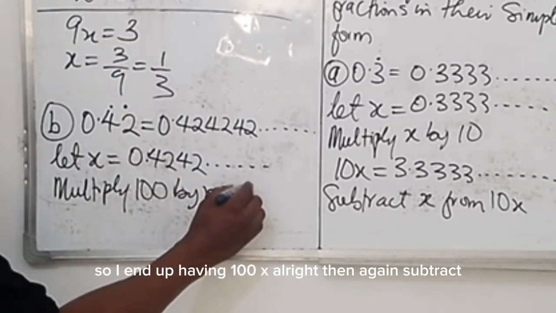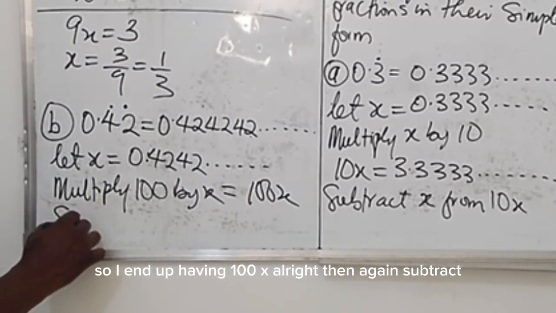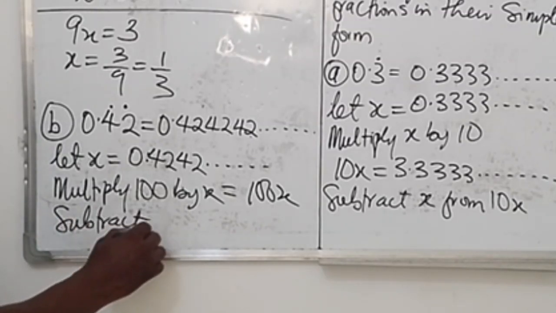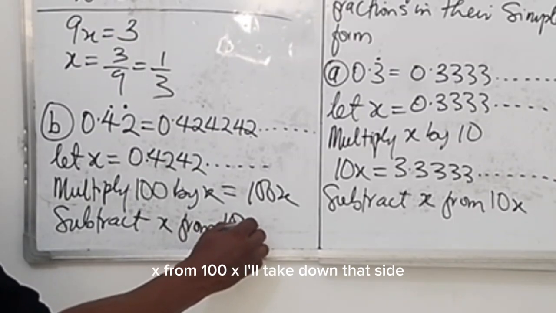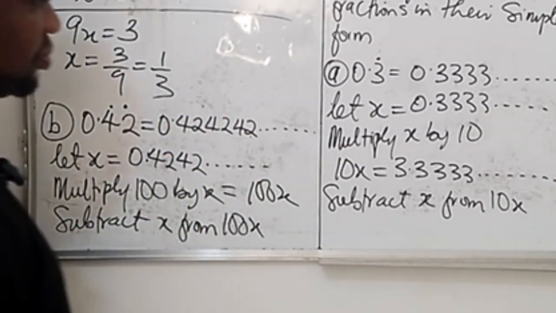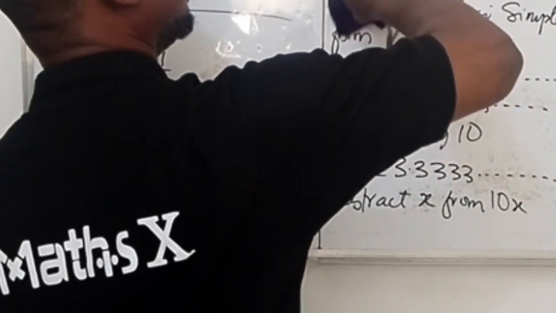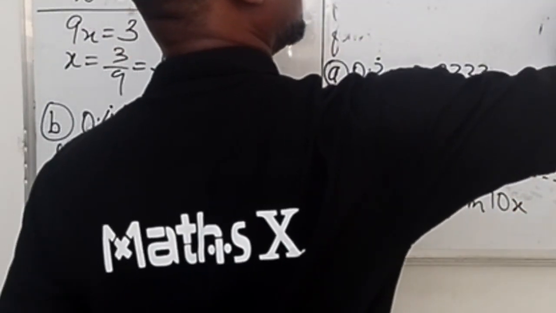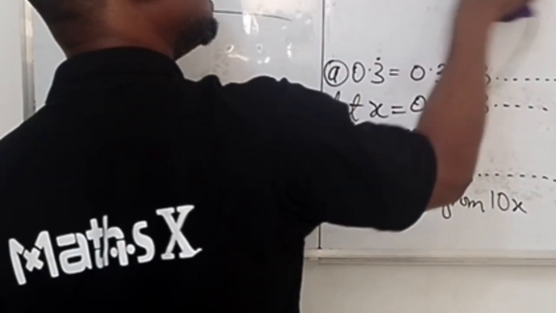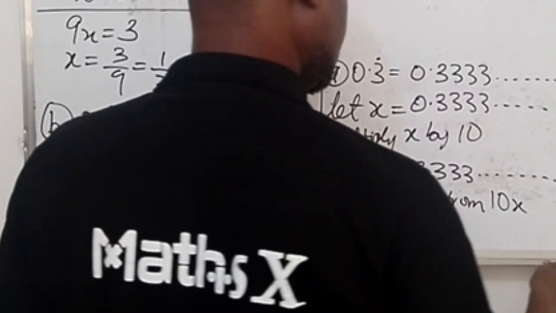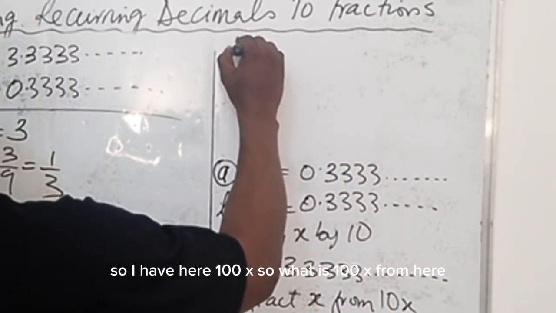So I end up having 100x. Then again, subtract x from 100x.